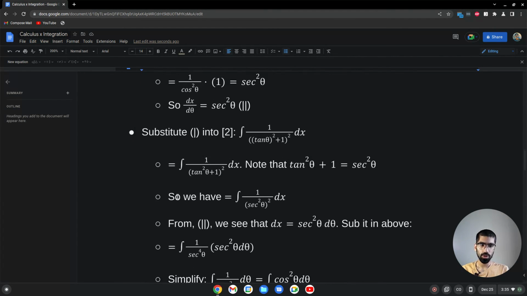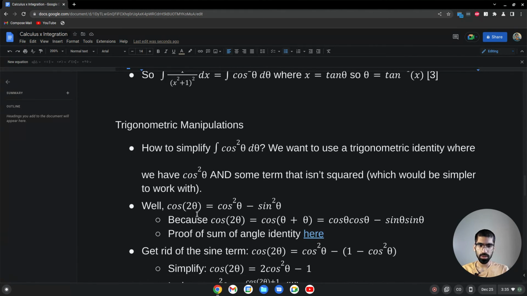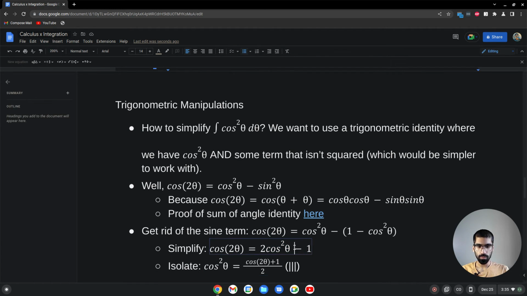So using that, I replaced the sine squared with this, isolated on one side of the equation. Then I combined my terms like so, and I isolated for cosine squared of theta on one side. So just add 1 on both sides and then divide by 2 on both sides. Here we are.